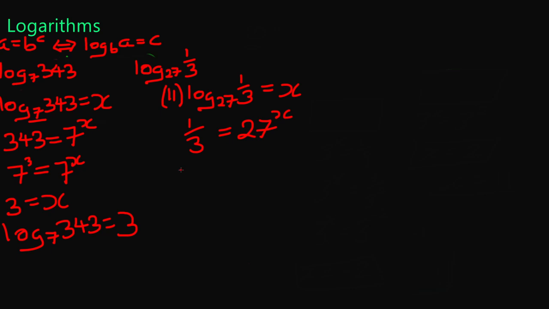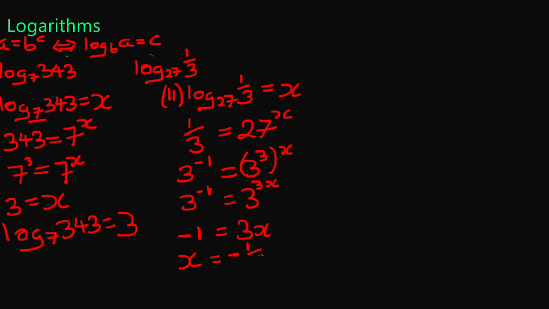Now that would mean that 3 to the power of minus 1 is equal to 3 to the power of 3x, so minus 1 is equal to 3x, and x is equal to minus 1 over 3. Very good. So what this means is that log base 27 of 1 over 3 is equal to minus 1 over 3.